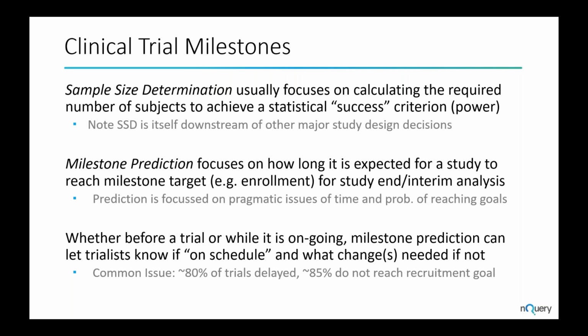Typically, when you're designing a trial, one of the biggest considerations is the sample size calculation, which is where nQuery traditionally focuses. So like determining how many people you need in your study to satisfy a specific criteria of success, say like 80 or 90% power.